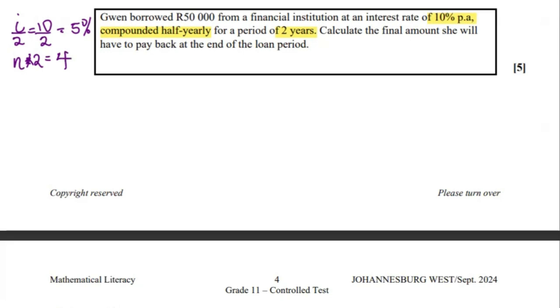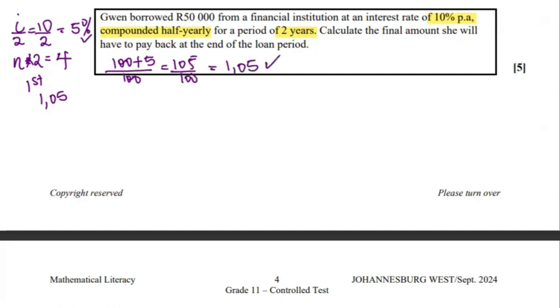Since it's compound interest, we are going to increase. For the first half, we shall say 1,05. How do I get the 1,05? I took 100 plus the 5, this 5 here. Then I divided by 100. You end up having 105 divided by 100. You have 1,05.